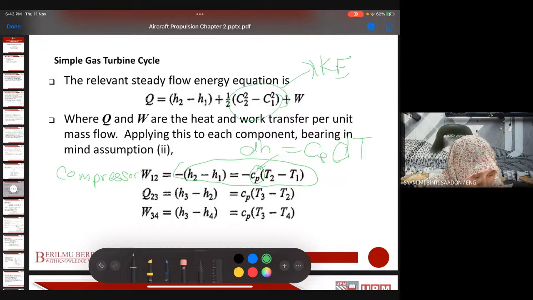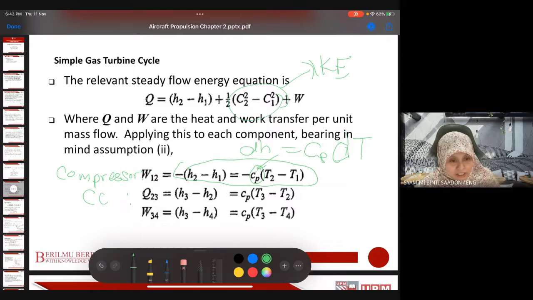The second one, 2 to 3, is the combustion chamber, or evaporator. In the combustion chamber or evaporator there is no work transfer, no work done.